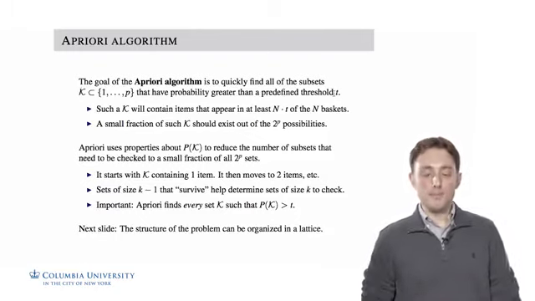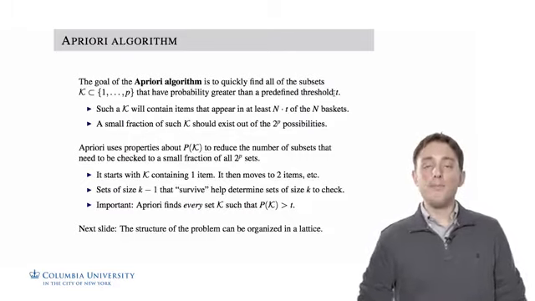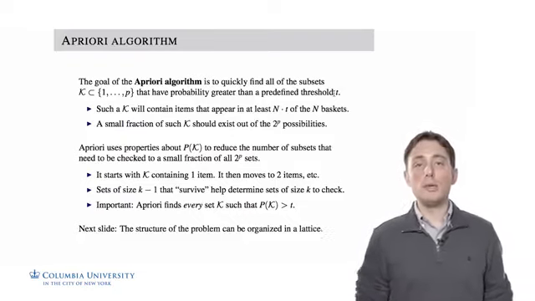The apriori algorithm is going to give me a way to find every single one of those subsets without actually having to search all 2 to the P subsets.